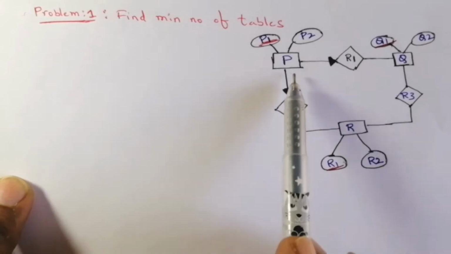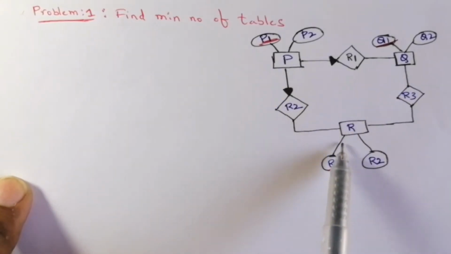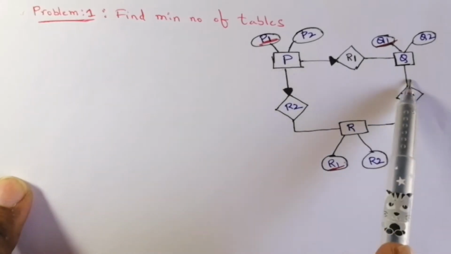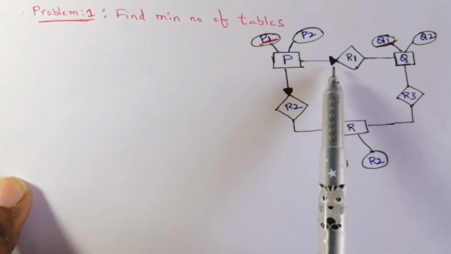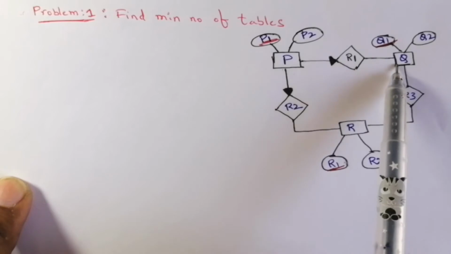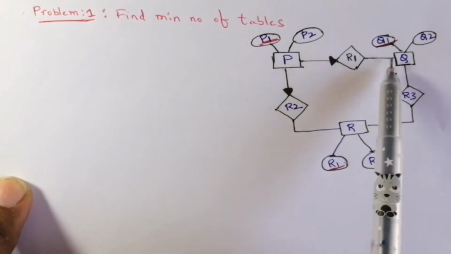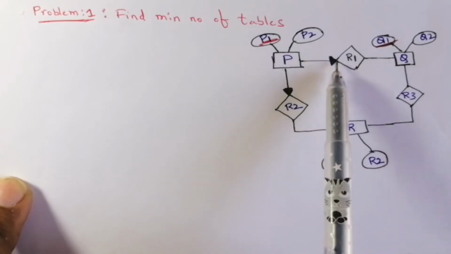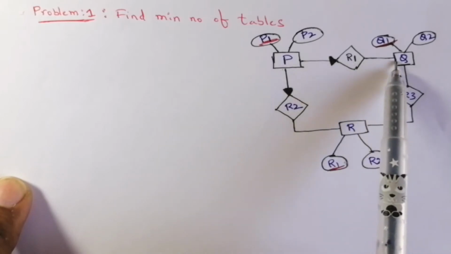So here we have three entities P, Q, R, right? And there is a relationship between P and Q. The arrow here indicates that the one side is the Q side. So many to one, where is the one side? One side is the Q side, right? This arrow indicates it is going to move to the Q side.